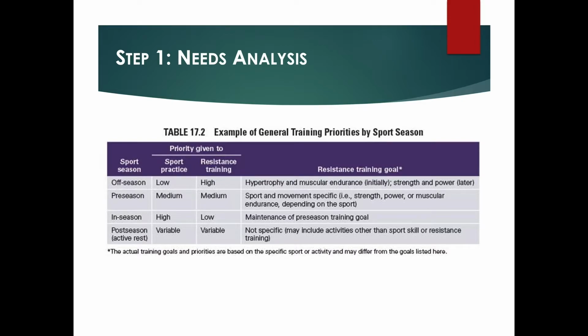And here you're starting to reduce the resistance training, because sport practice is going up a little bit. And then during season, this is basically just maintenance. Here you have high sport practice, low resistance training at that time point.